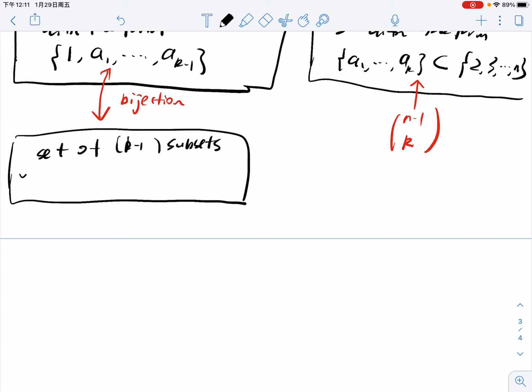Just like you truncated A1 to A(k minus 1). Because you always have 1, so just forget about 1.